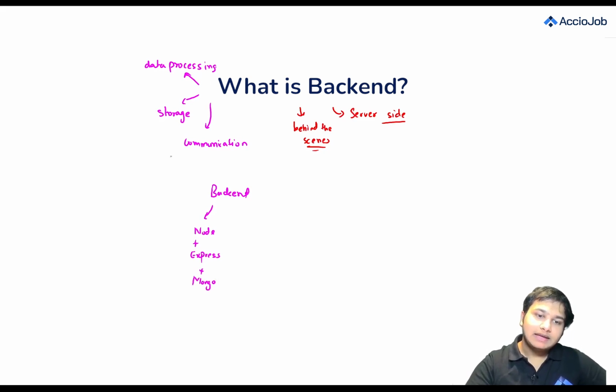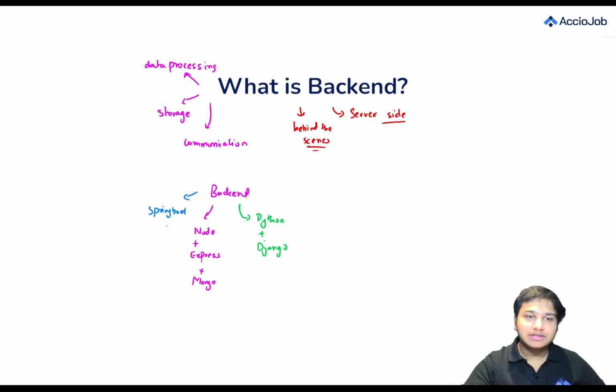Whereas at the same time, some other developers would prefer to use Python plus Django. And we also have another set of developers that will be using Spring Boot. Spring Boot is famously known to create good high-level microservices. Spring Boot is obviously with Java, that goes without saying.